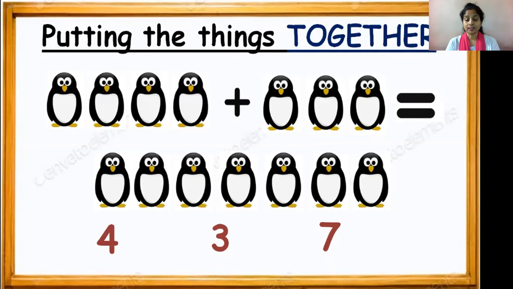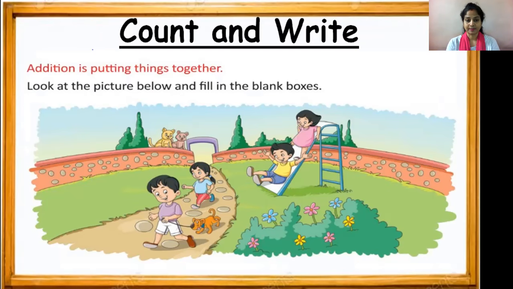And at last, how many do we get? 7. So in between, we will use the symbol plus between 4 and 3. And at the end, we get 7. So first step of this addition is count and write.